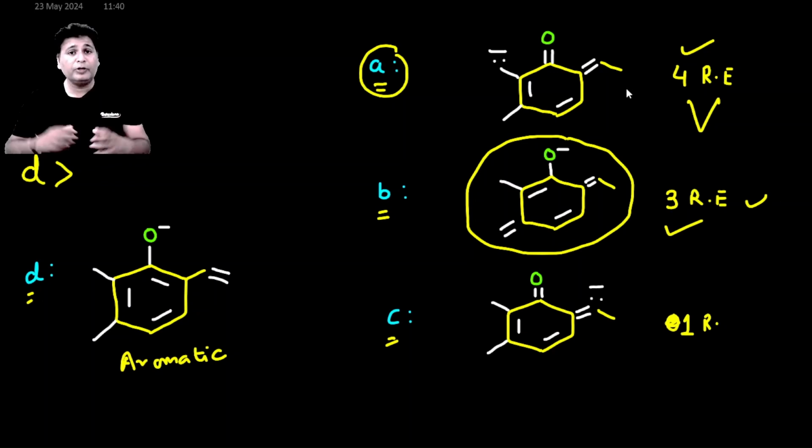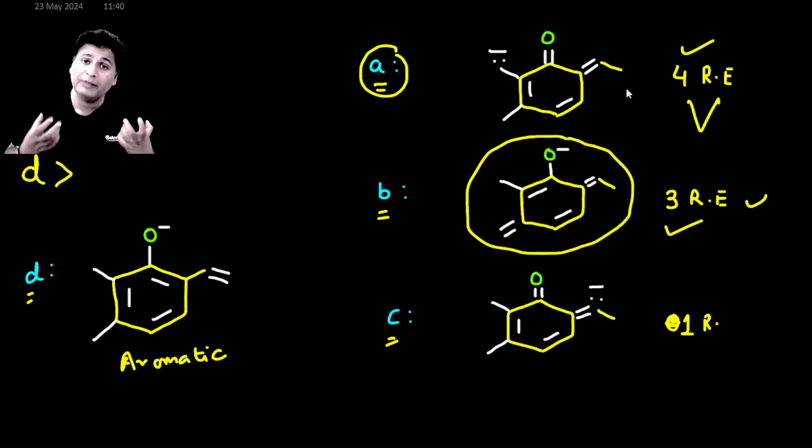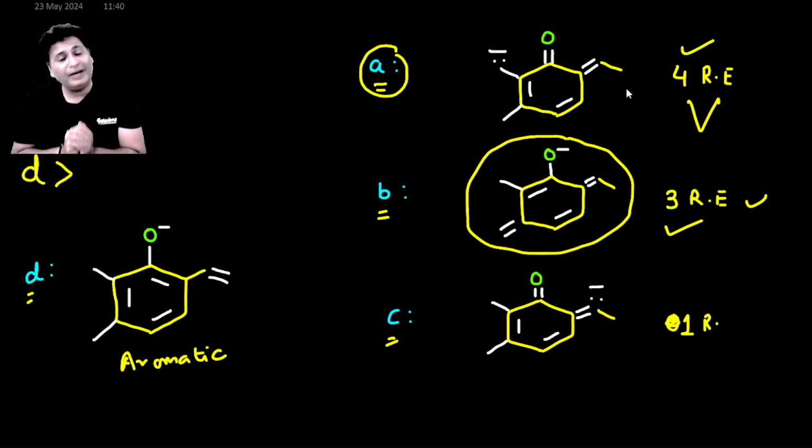Why am I saying this? Because it has the negative charge on the more electronegative element, oxygen. You should understand any resonating structure which has minus charge on a more electronegative element is a better structure. So that is what I want to say. Since it has minus charge on oxygen, its quality is far better.